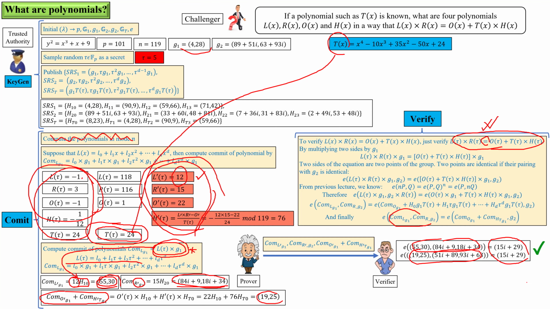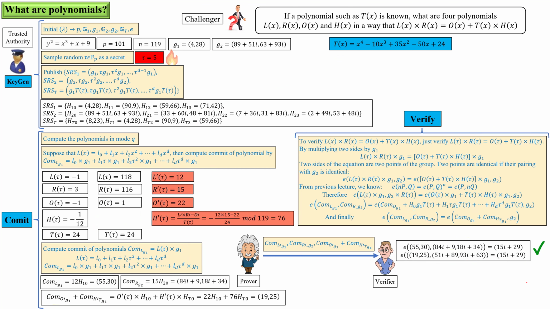And this is not correct. So that's the reason the authority should be trusted and not share the value of tau with the prover. Okay, and this is the reason that we assume that the trusted authority will burn the value of tau and will not share it with anybody, especially with the prover.